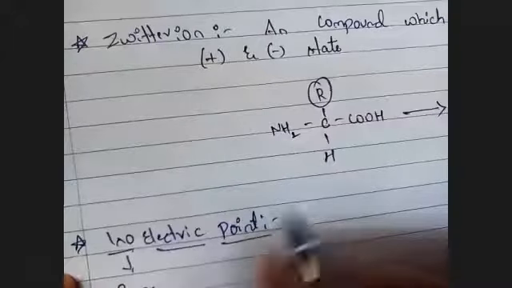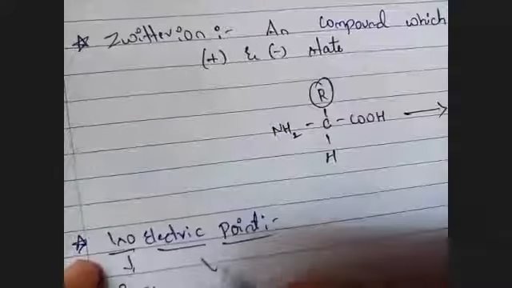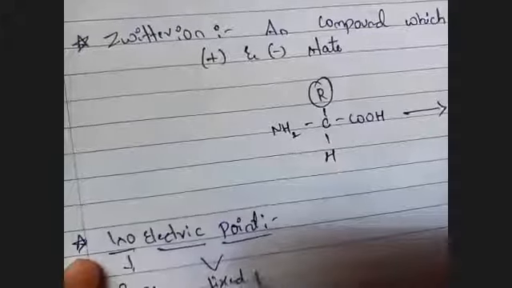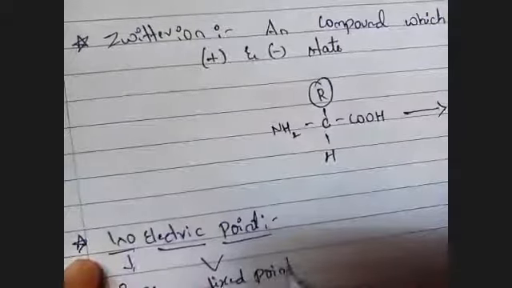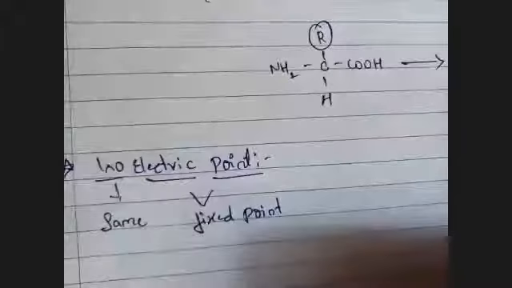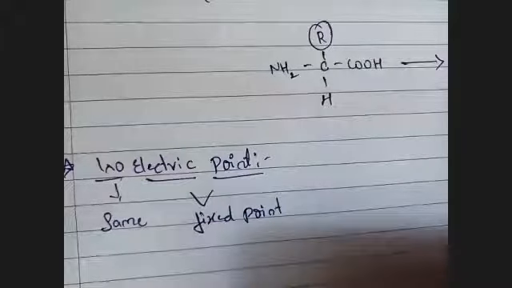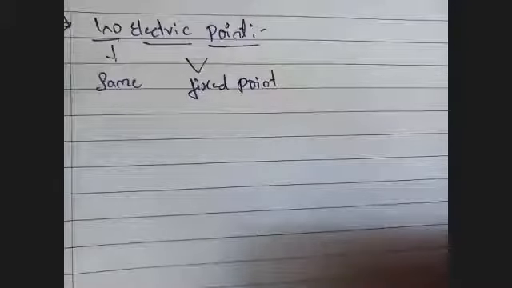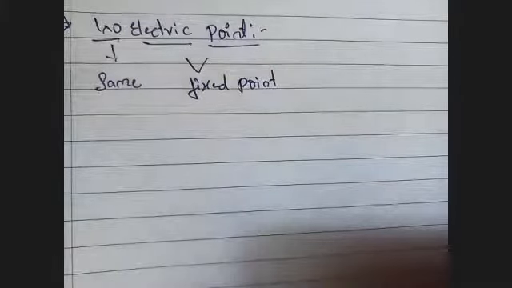Electric point means some point, we can say a fixed point. The point has to be the same or fixed. So where will it be fixed? That is what we need to know now.